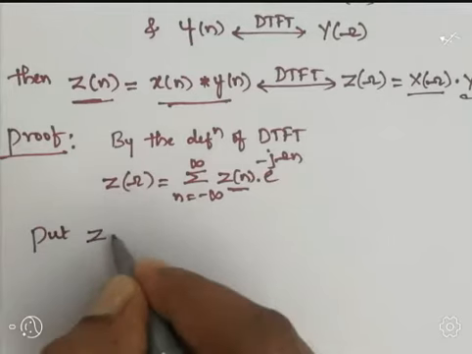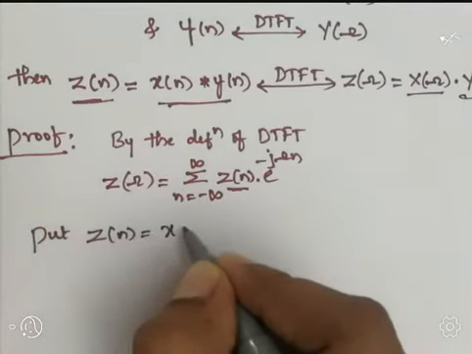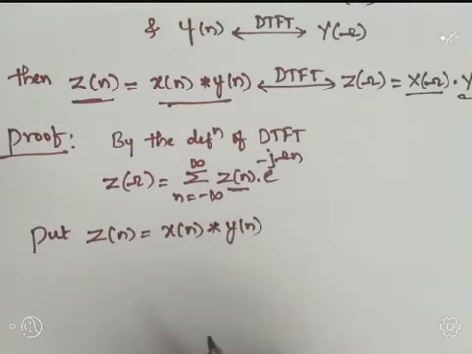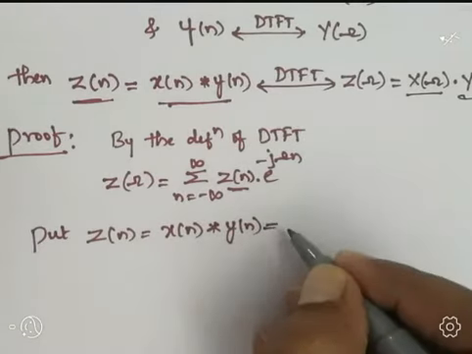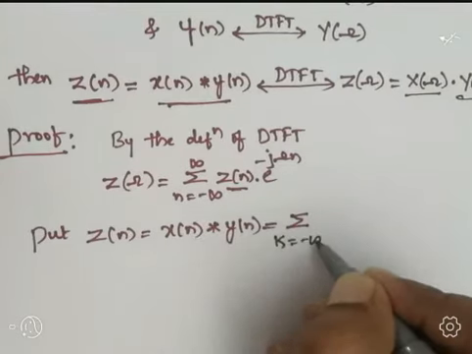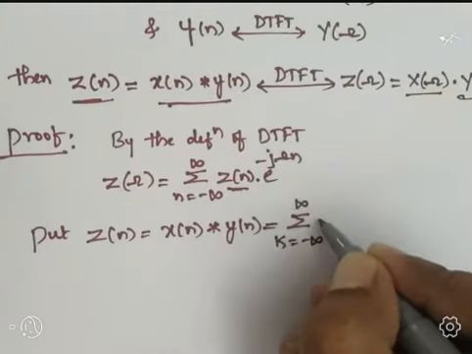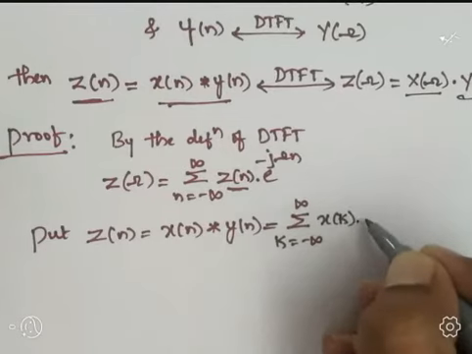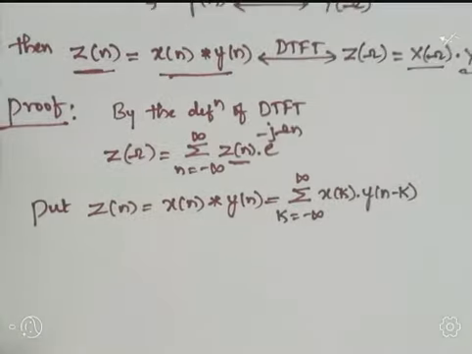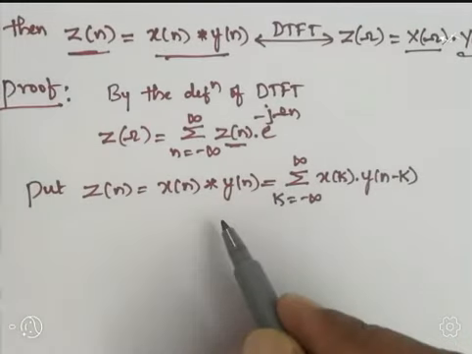That is, z of n equal to the convolution between x of n and y of n. Let us make use of the definition of convolution, that is summation k equal to minus infinity to plus infinity x of k into y of n minus k. In the previous sessions, we discussed this definition of convolution sum.